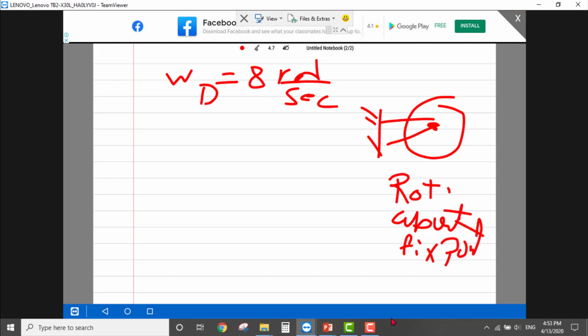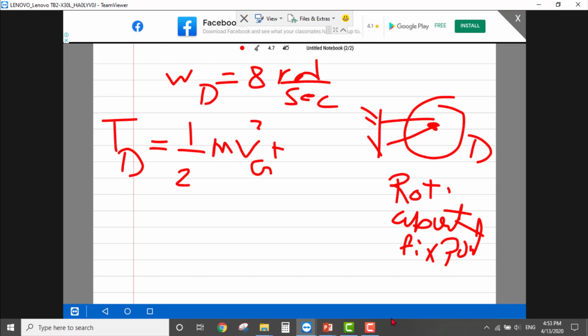Okay. So if I want to calculate the kinetic energy, this is disk D, for the element, this is equal to, I will write the general equation first, half m vg squared, plus half omega squared Ig.